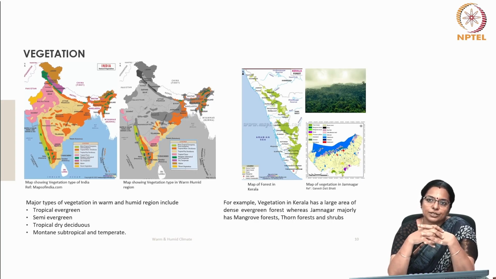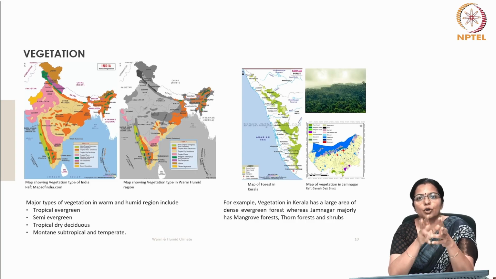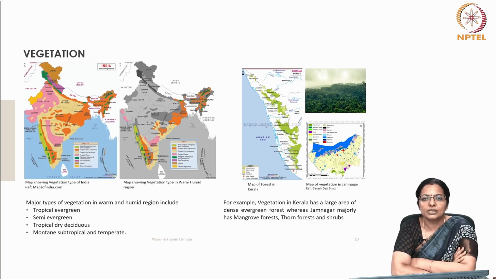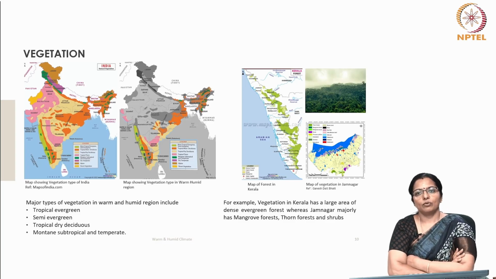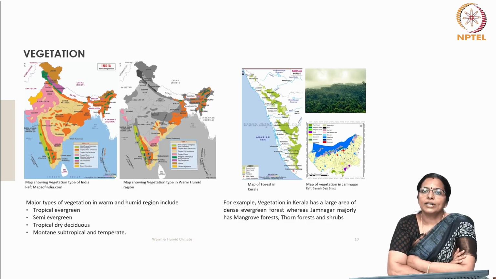Major types of vegetation in warm and humid region include the tropical evergreen, the semi-evergreen, the tropical dry deciduous, and the montane subtropical and temperate type of vegetation. For example, vegetation in Kerala has a large area of dense evergreen forests, whereas Jamnagar majorly has mangrove forest, thorn forest, and shrubs.